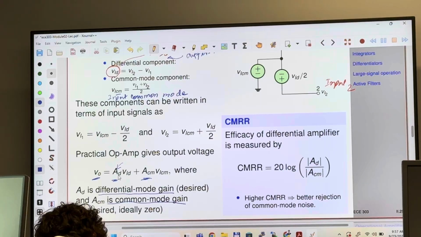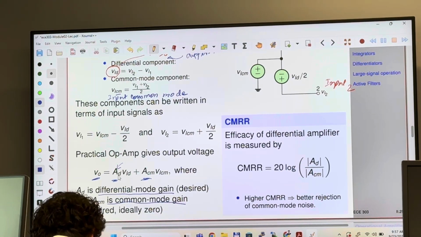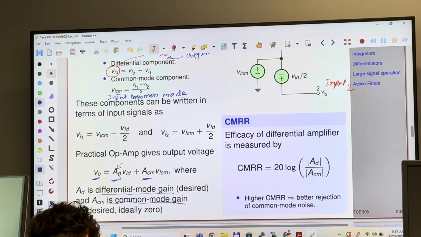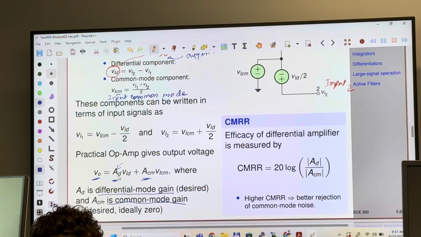Okay, so higher CMRR, common mode rejection ratio, means better rejection of common mode noise. So the noise that is common to both inputs, we can reject if we have higher CMRR. Okay, common mode rejection ratio.